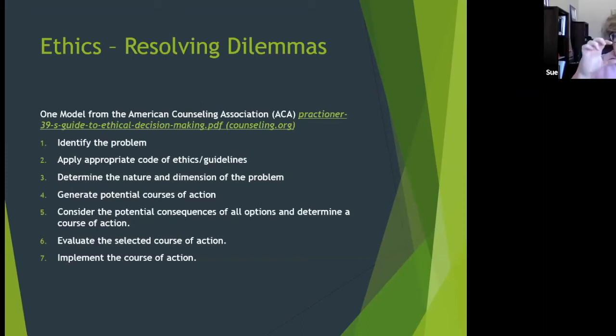Is it the need of the clinical director to know what's going on with the clients within the practice, or is it truly, that's very different than providing clinical supervision.